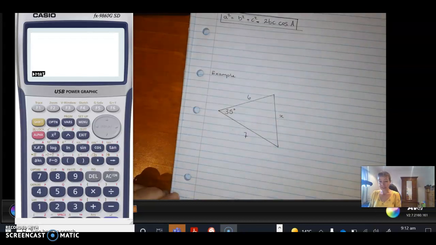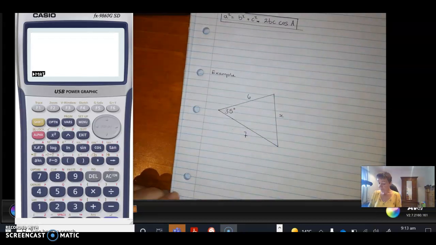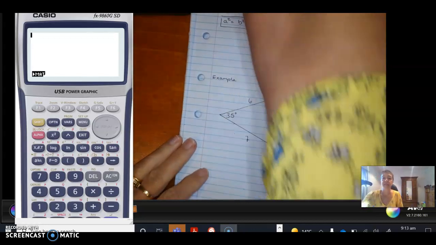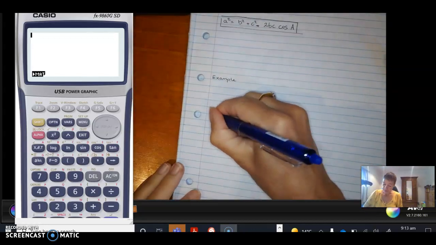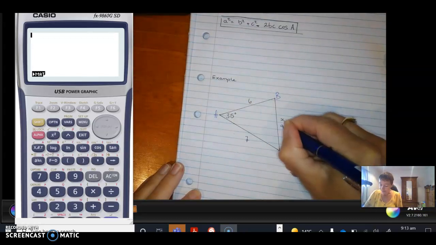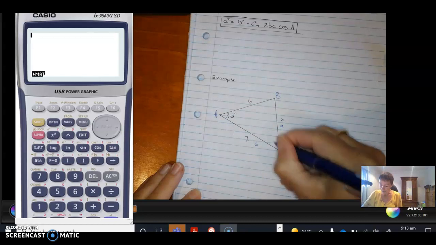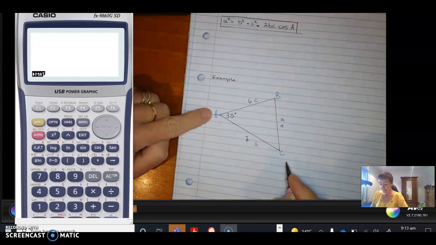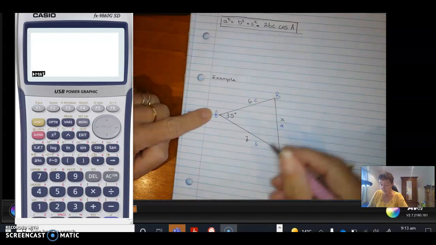So if I had this as an example, let's label our sides. If I called this A, B, and C, then this is going to be little a, this is going to be little b, and this is going to be little c. In this case, I'm trying to find x, which is little a.